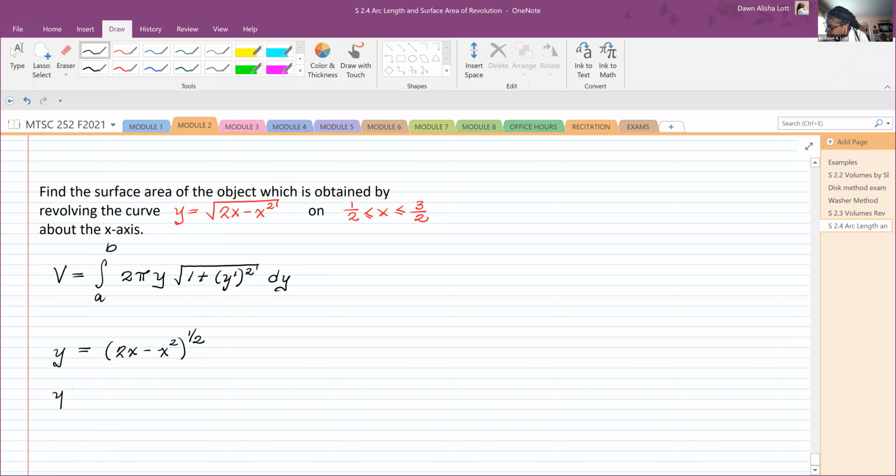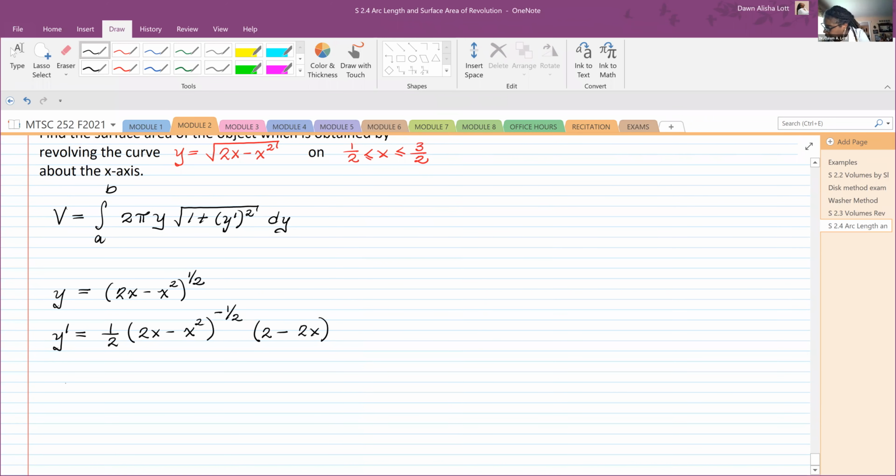So y prime is 1/2 times 2x minus x squared to the negative 1/2 power times 2 minus 2x. Those 2's divide out, so y prime is equal to 1 minus x divided by the square root of 2x minus x squared.